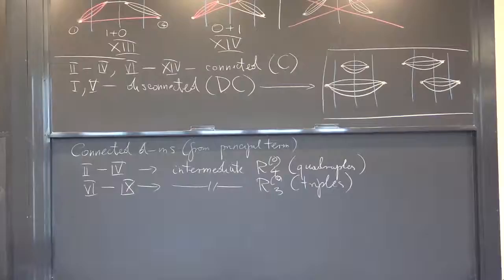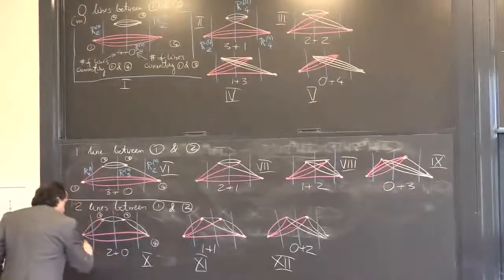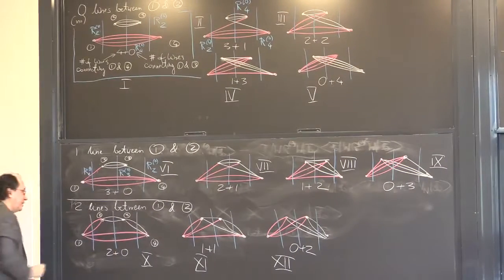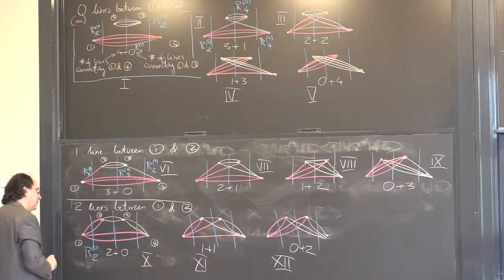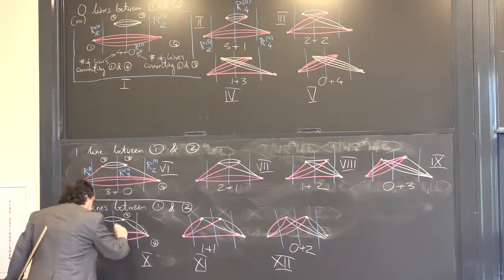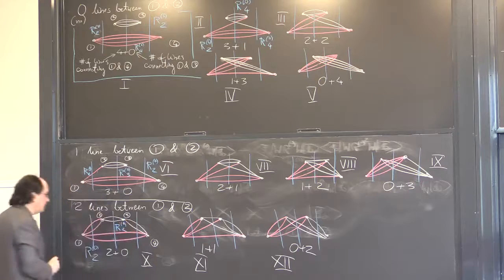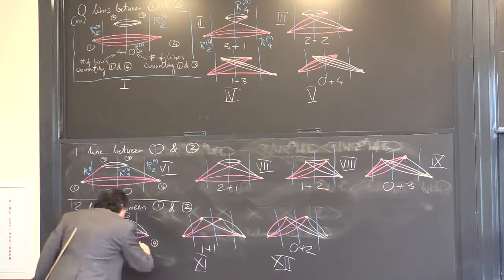If you look at the next category, where we have two lines between vertices 1 and 2, we have a two-body resolvent between 1 and 2, a two-body resolvent between 2 and 3, and a two-body resolvent between 3 and 4.